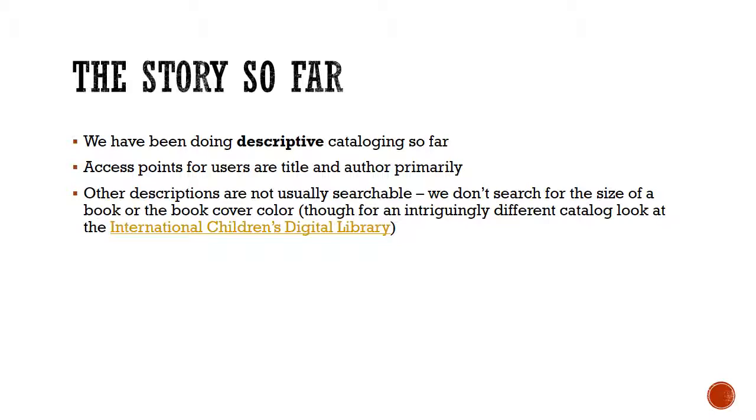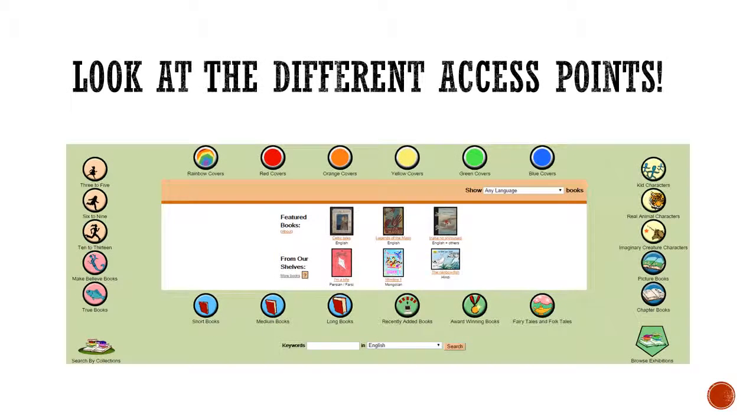but I would refer you to something called the International Children's Digital Library for a very alternative view of what can be searchable. So here is the front page of the International Children's Digital Library.